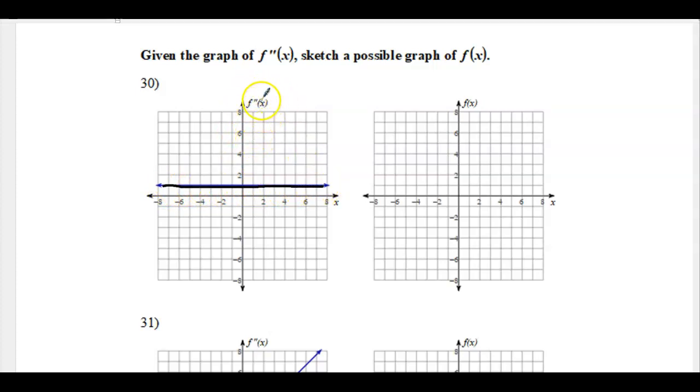So this second derivative is always positive, which means that if f double prime is always positive, that means f is always concave up. So this has got to be like a parabola of some kind. We don't know what the parabola looks like. It could be up here, could be here, it could be way over here. We don't know. All we know is that since f double prime is always positive, f is always concave up, which the only graph that does that is going to be a parabola.